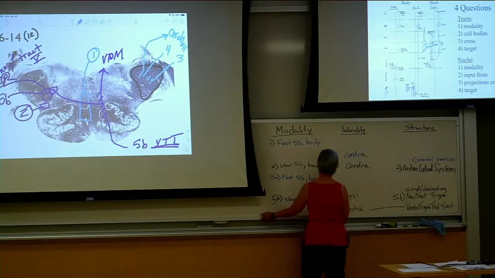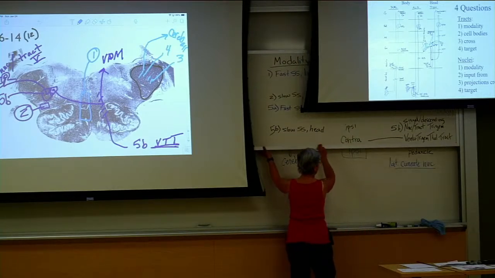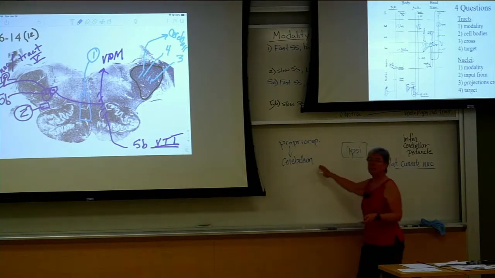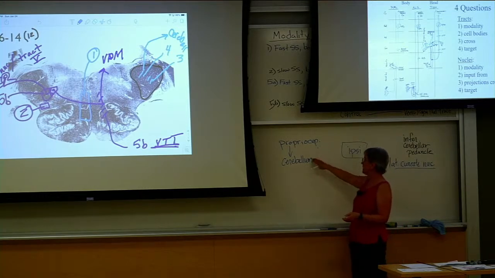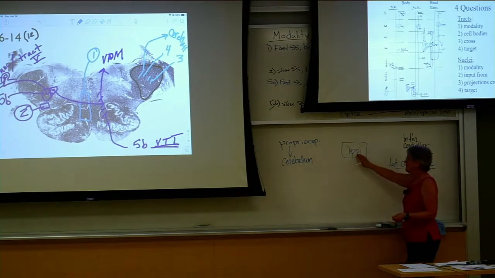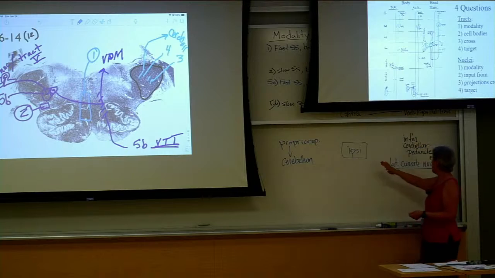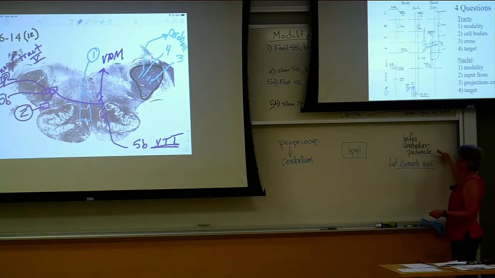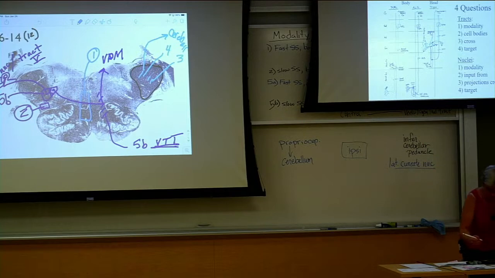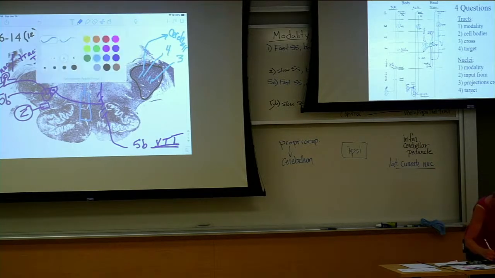So, all this same information, proprioceptive information on its way to the cerebellum, this pathway stays ipsilateral all the way, and it's going in through this inferior cerebellar peduncle.